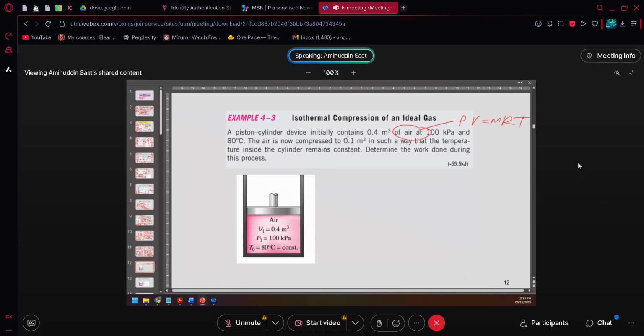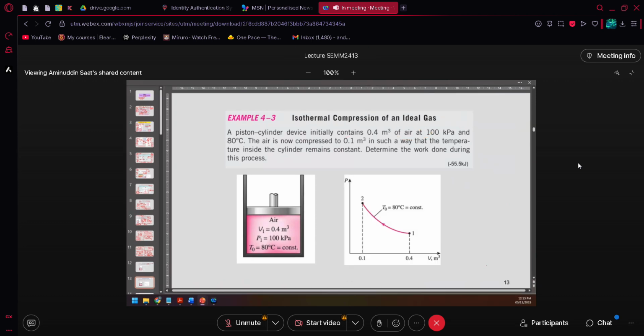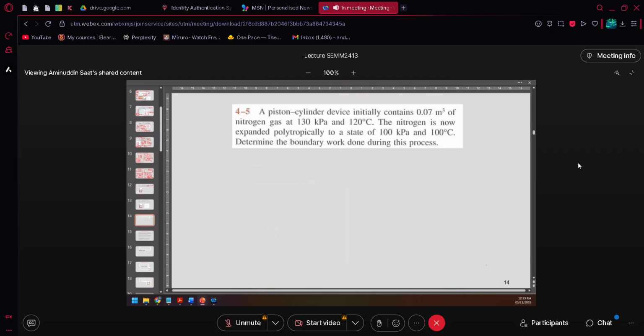And I think the next one we have another example of very slow polytropic process. This is for the next example.